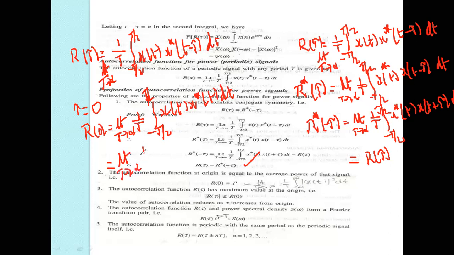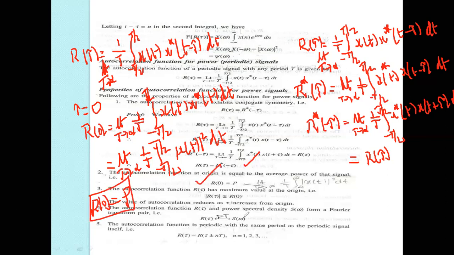So the integral from minus infinity of the squared magnitude of x of t dt is the energy of the signal, and with the limit t tends to infinity, 1 by t, it is a power signal P. So R of 0 is equal to P. The second property, R of 0 is equal to P.